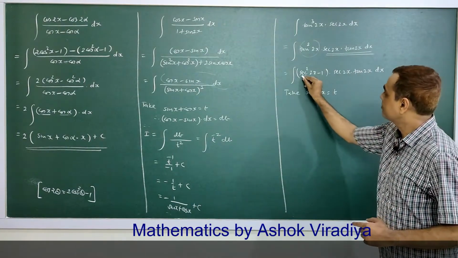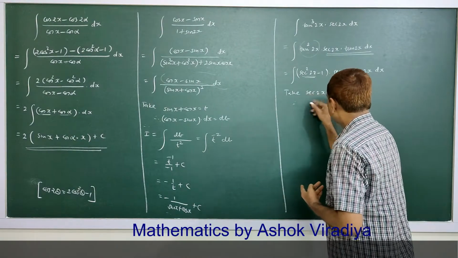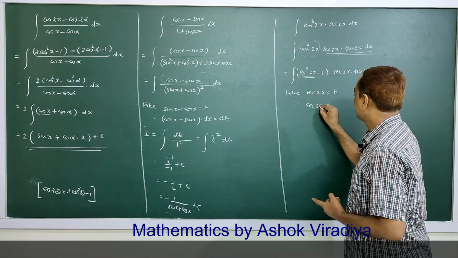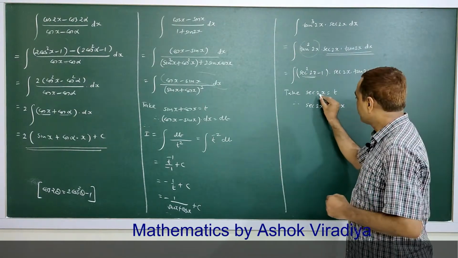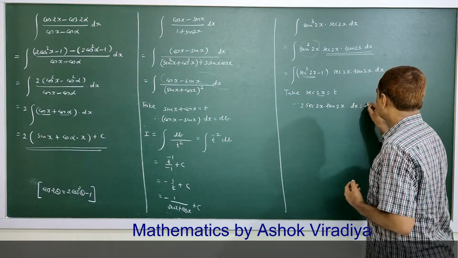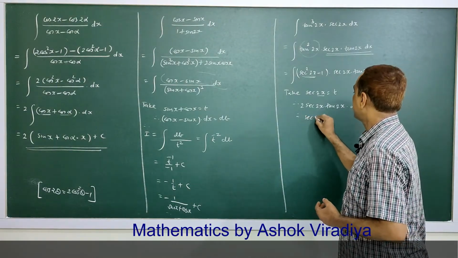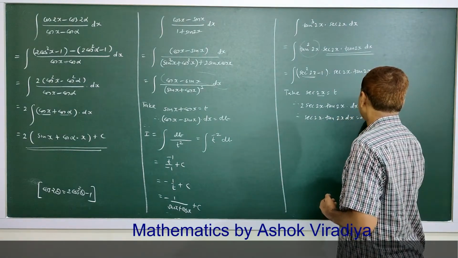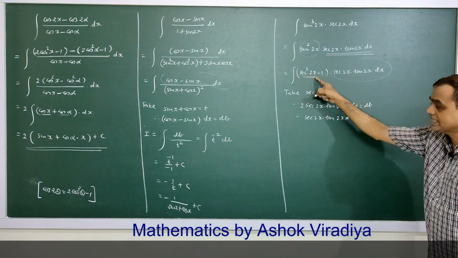Differentiating, derivative of sec 2x is sec 2x into tan 2x into derivative of 2x, that is 2, dx is dt. So therefore sec 2x tan 2x dx is dt by 2.